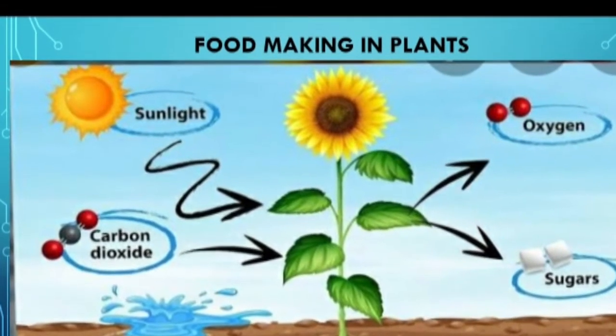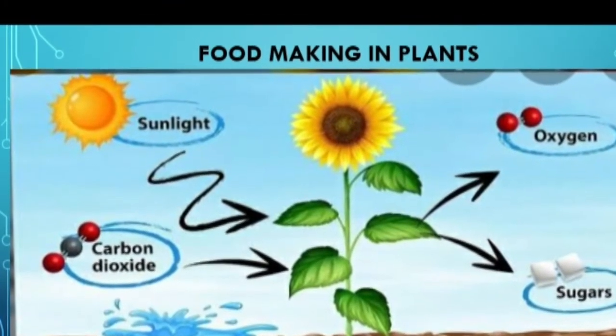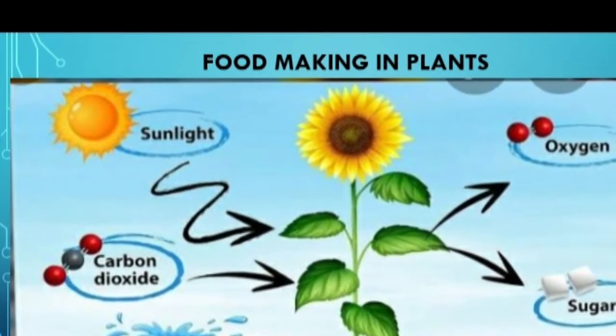Is it a green plant or a non-green plant? Yes, it is mold, so it is a non-green plant. Dear students, we learned mushroom as a non-green plant, so it is a non-green plant.